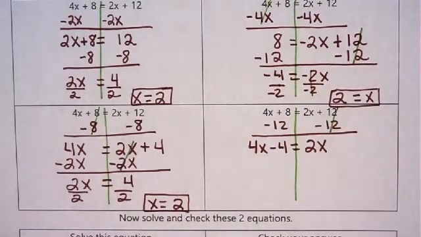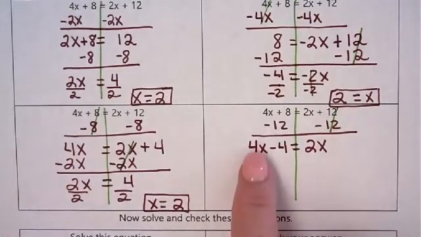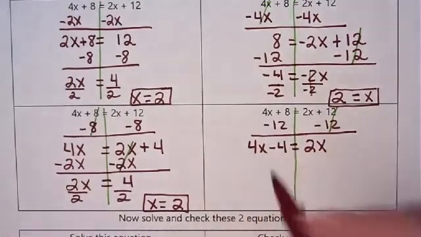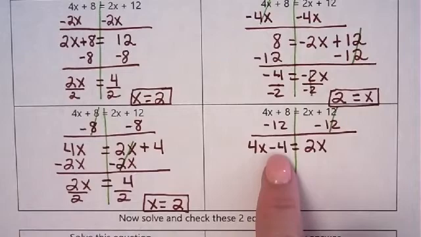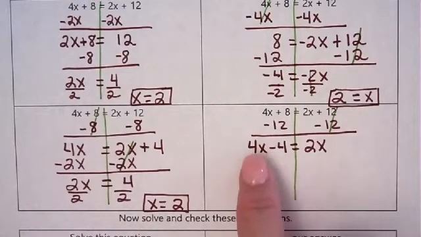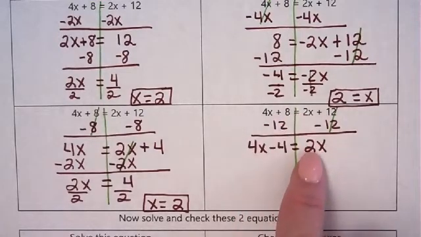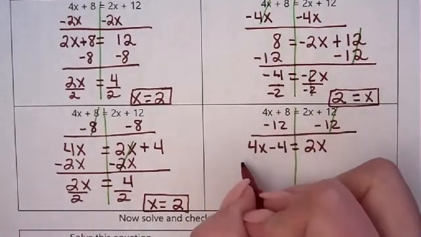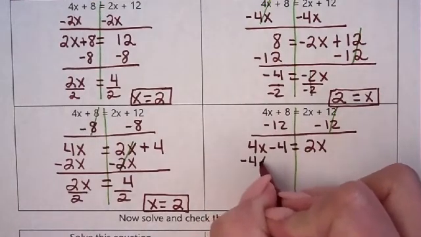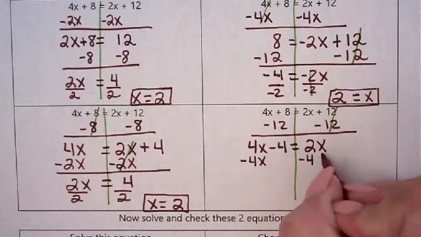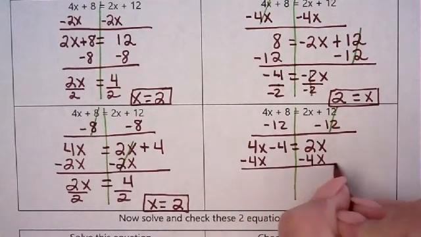Okay, now in my next step, what I've got to combine is the 2x's, don't I? So since my 4 is already on the left side, I need to take the 4x and park it over on the right. So I'm going to do that by subtracting the 4x, just like that. Put my line right there.